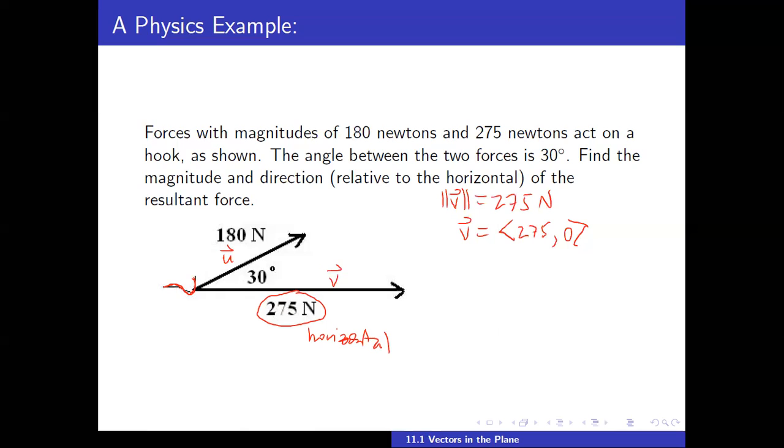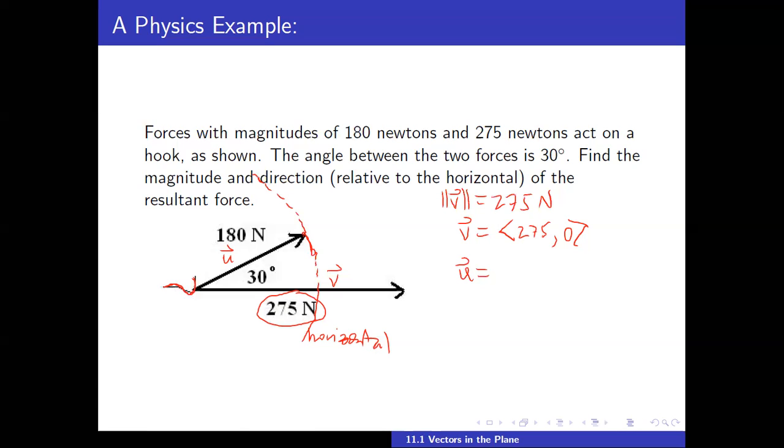All right, so what about U? Well, basically, what you have to do is imagine this guy sitting on a circle of radius what? This vector has its terminal point sitting on a circle of radius 180. And so it's going to be just like that situation we encountered, yeah?